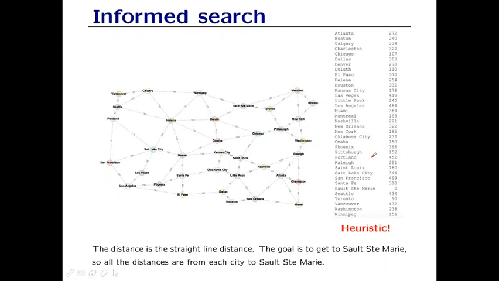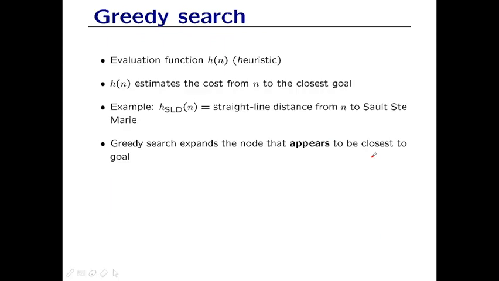You can call it a heuristic in greedy best first search. So what is greedy search? What is the heuristic? You basically write it as h(n). h(n) estimates the cost from n to the closest goal. That means it will select the paths that are closest to your goal, that is, the paths with the smallest heuristic value.